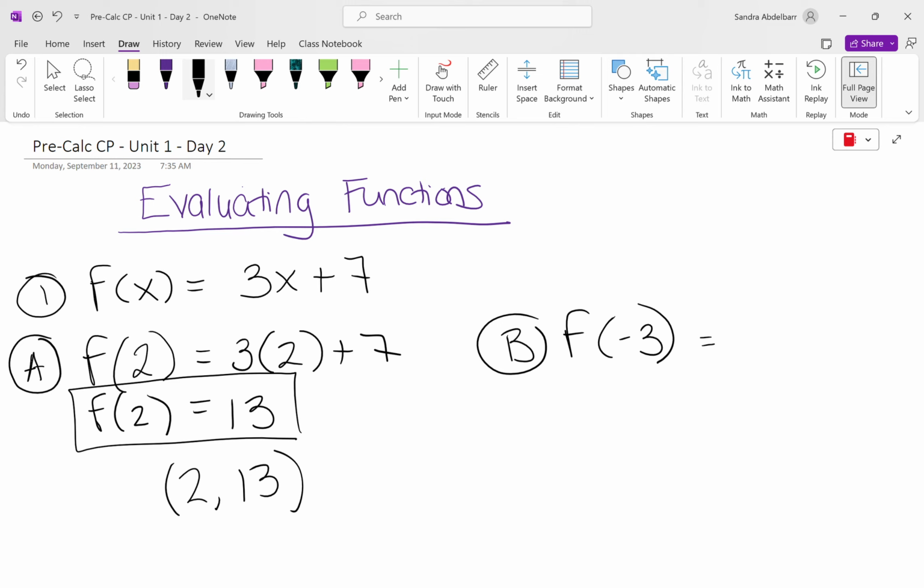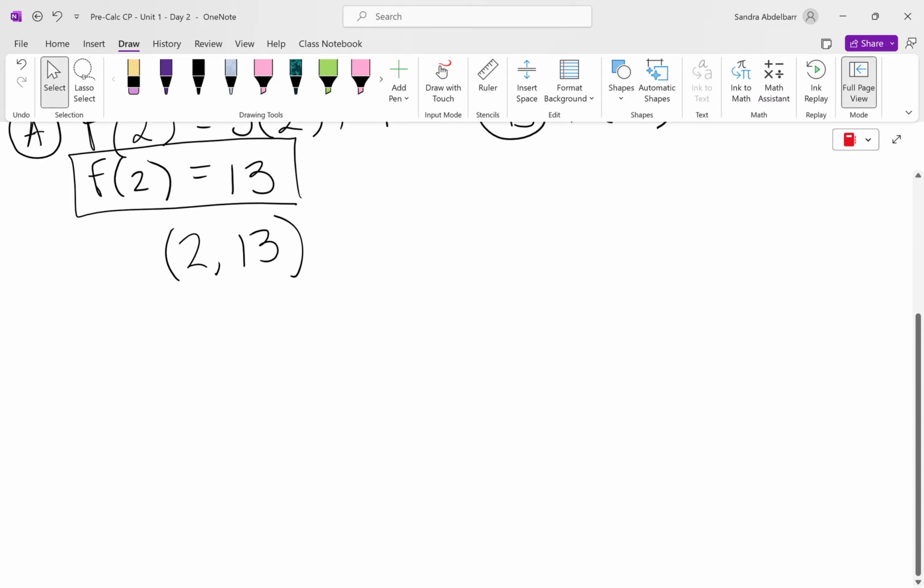All right, who has an answer for me? What's f of negative 3? I got negative 2. I got negative 2 too. Anybody want to see me do this? We're good? Okay. I'm going to step it up just a little bit.